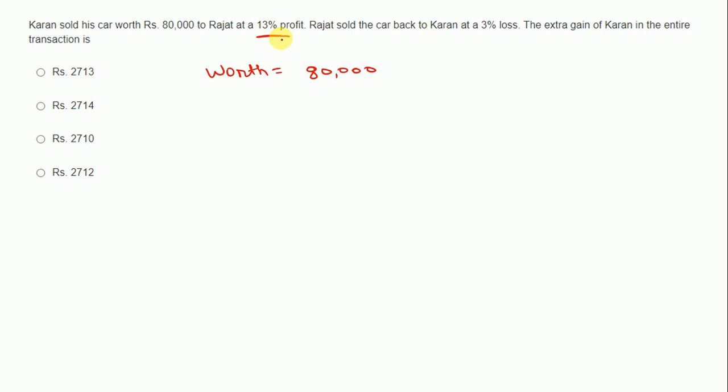So 13% of 80,000: 13 into 8 is 104, and these two zeros are remaining, so it would be 10,400. So the cost price for Rajat is 80,000 plus 10,400, equal to 90,400.